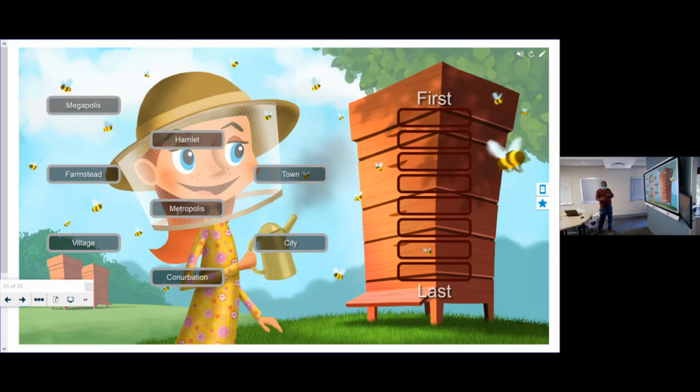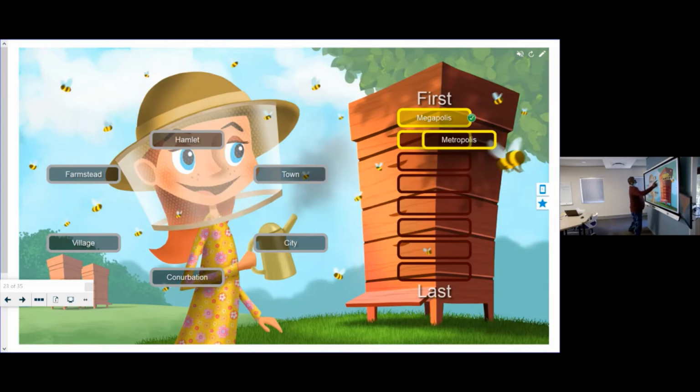For example, if I take Metropolis, it's refusing. I'm sure you then know that that's not the biggest one. But now, if I start putting the correct one, it will allow. Followed by, let's see if that will be allowed. There we go.